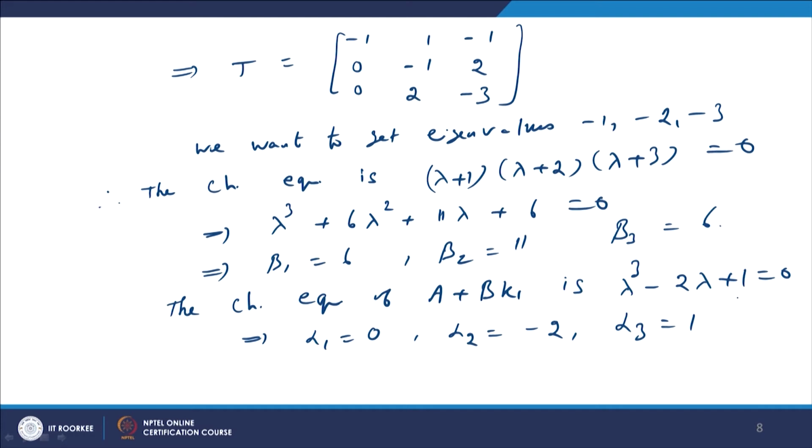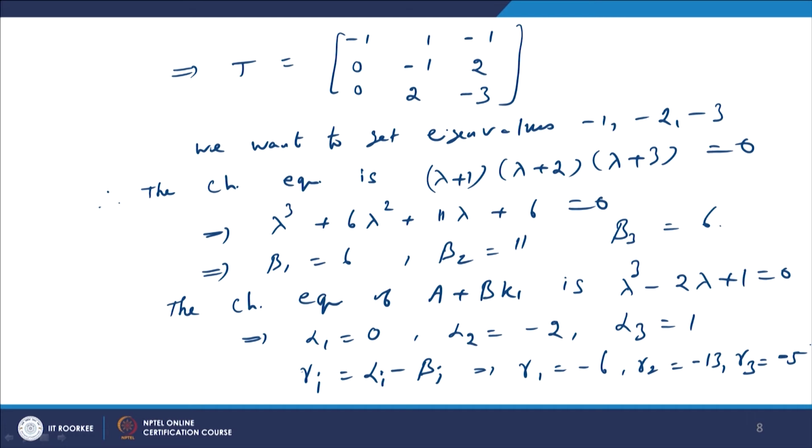So, if you recall from the second lecture of this feedback control, the expression gamma I is alpha I minus beta I. So, we get gamma 1 is minus 6, gamma 2 is minus 13 and gamma 3 is minus 5.